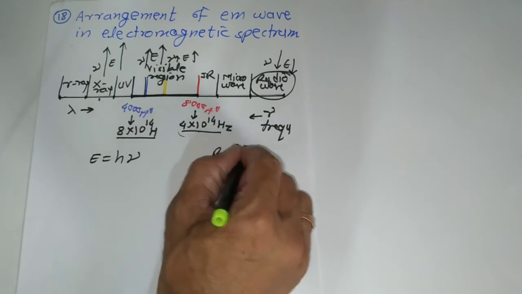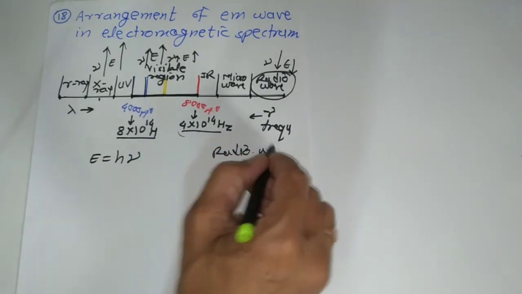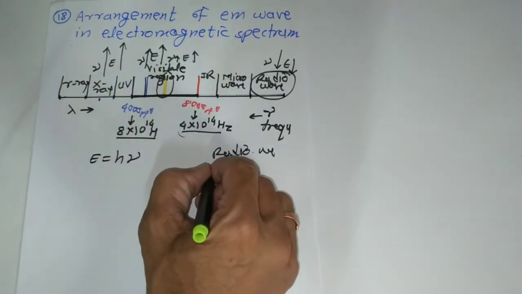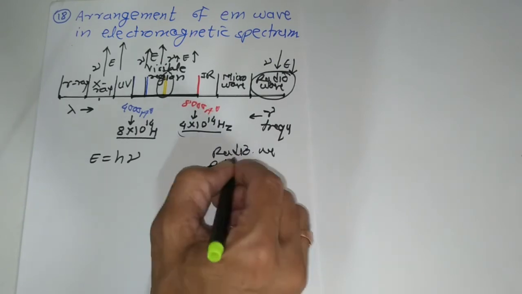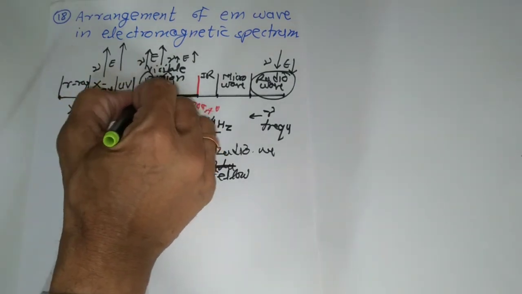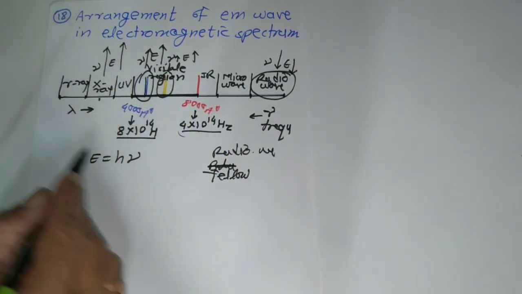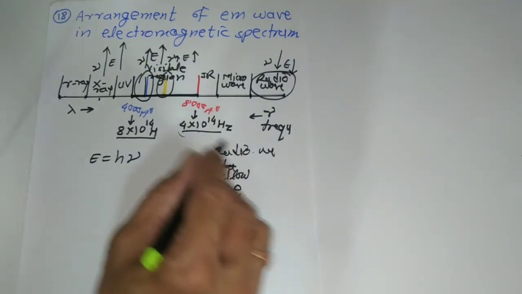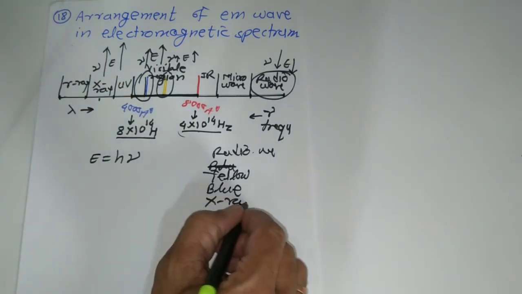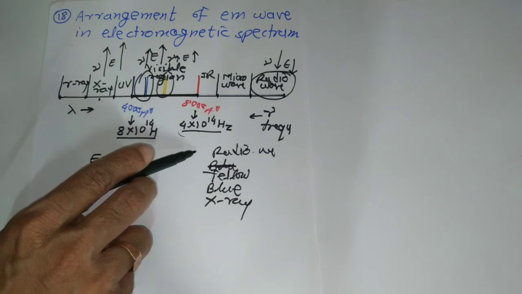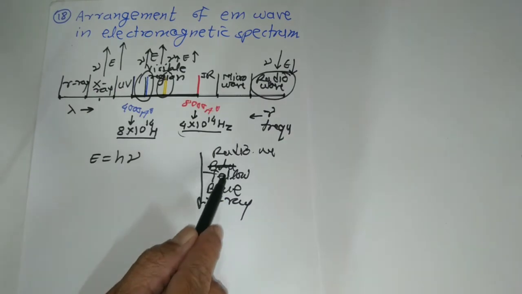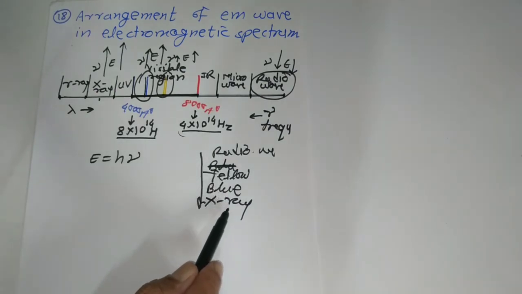Then its energy increases through yellow, then blue, and then X-ray. As frequency increases, energy also increases in this order. Therefore the order should be radio wave, yellow, blue and X-ray.